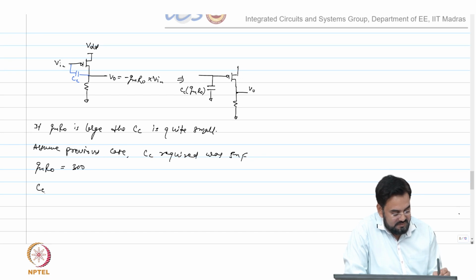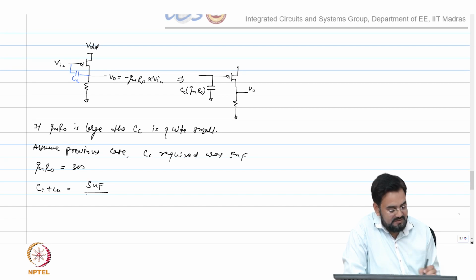So CC, actually now CC plus CO1, okay, is divided by 300.